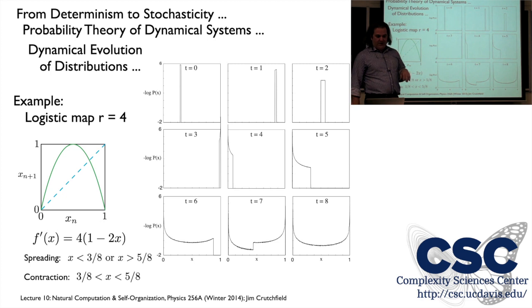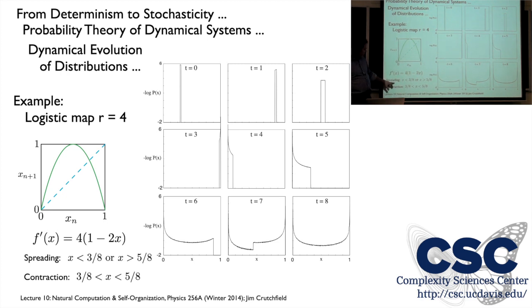So now the logistic map. Again, I'm taking r equal 4, so the map, like the others, always goes to the top of the interval. We can calculate the slope here, and we notice that it depends on where we are on the interval.